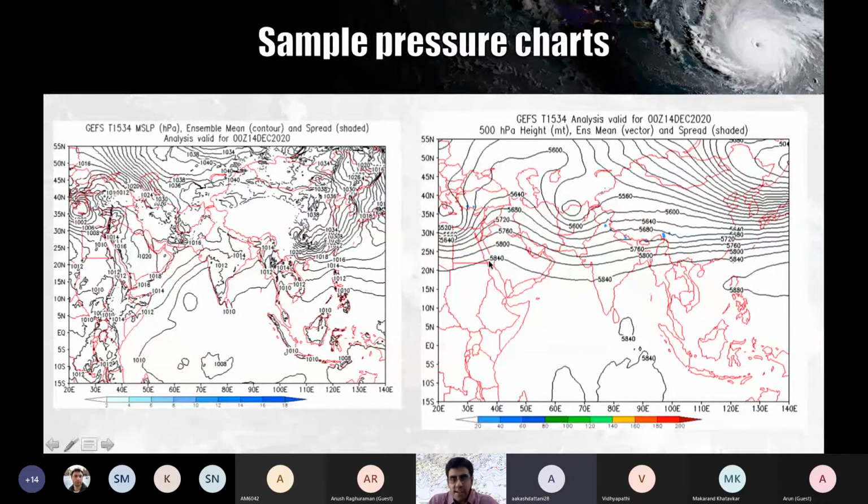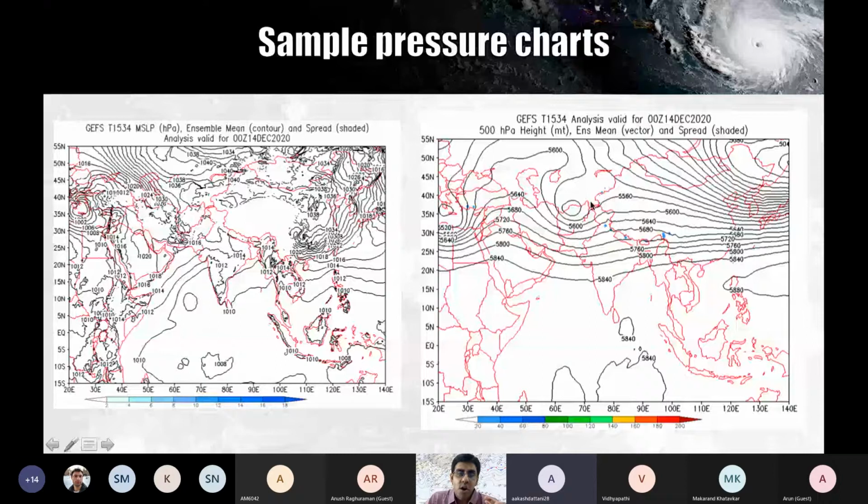So 5850 means the air parcel is at a height of 5.8 kilometers from the ground, and 5640 means the parcel is at a height of 5.6 kilometers from the ground. And this means that this is at a height of 4.4 kilometers from the ground.